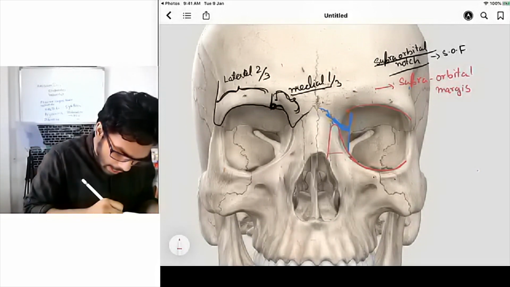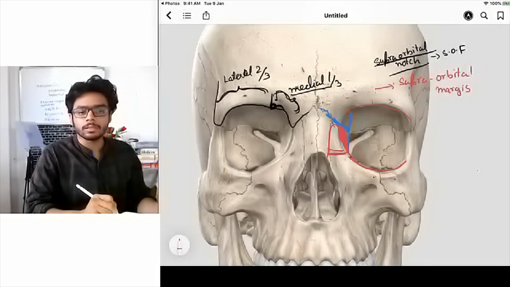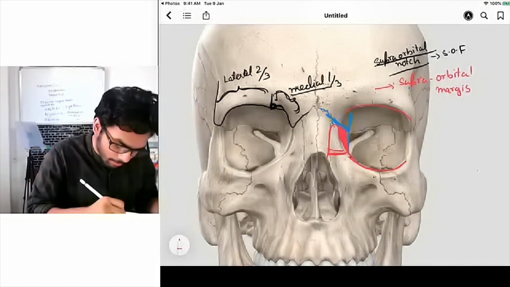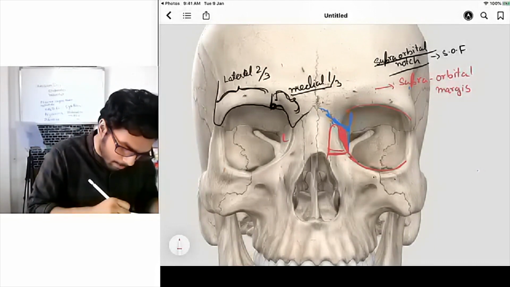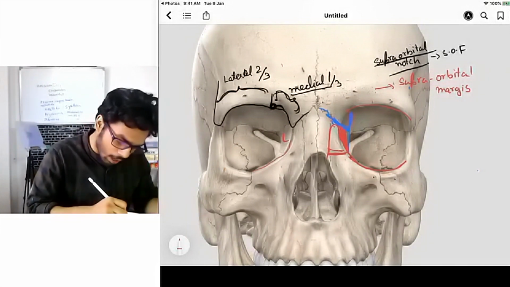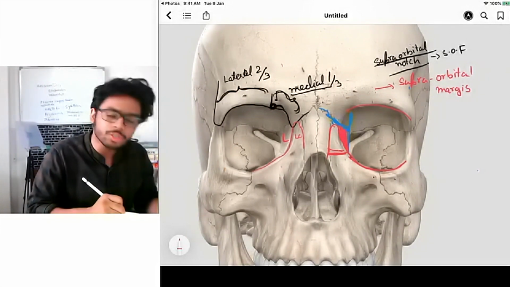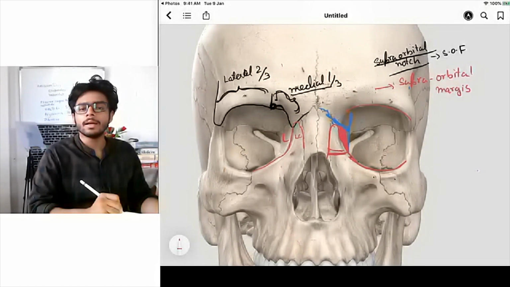Can you see? This part which is forming the medial margin is known as the lacrimal crest. Here we have the lacrimal bone. This is known as the lacrimal bone. So the part of the maxilla which is closer to the lacrimal bone is known as the lacrimal crest of the maxilla. Am I clear?